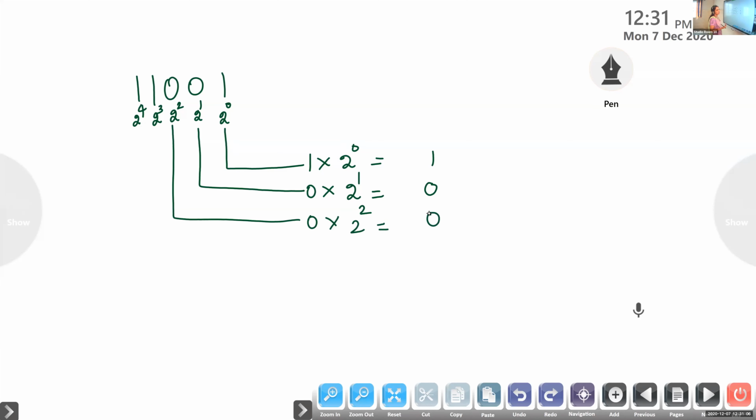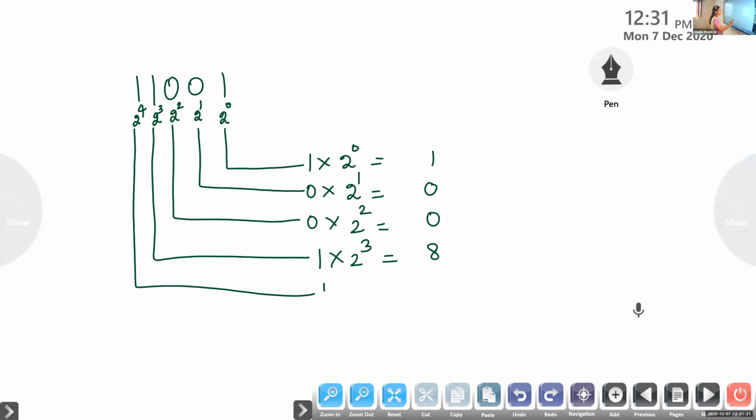Next, 1 into 2 cube. 2 cube is 8, so 8 into 1 is 8. Next, 1 into 2 raised to 4. What is 2 raised to 4? 16. Now you add all those things and you'll get the answer.